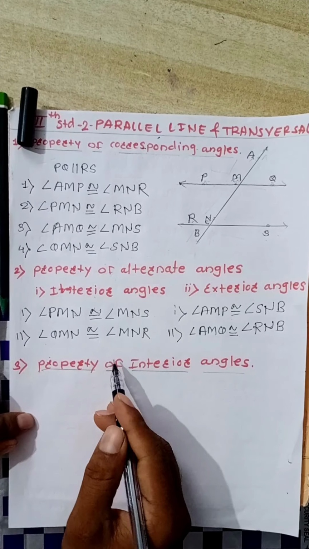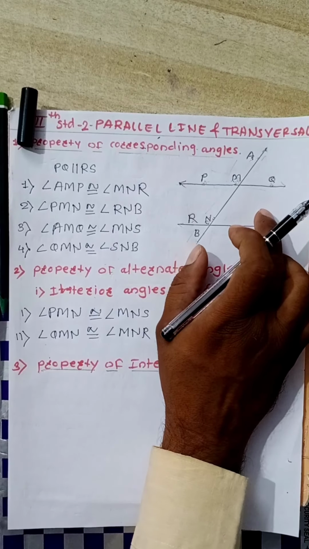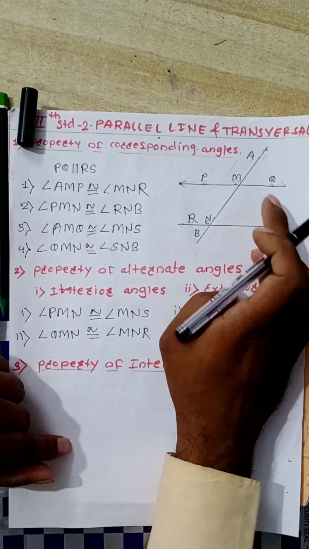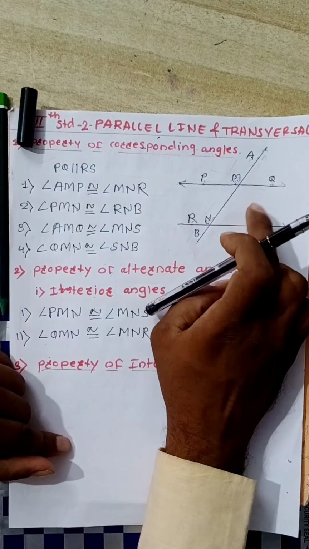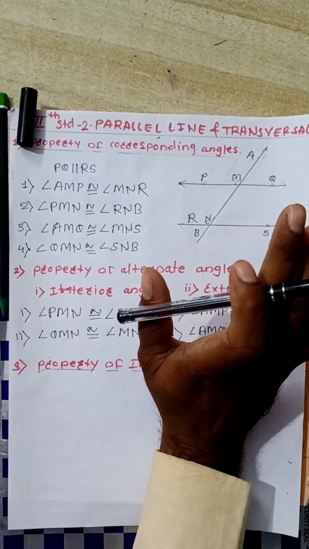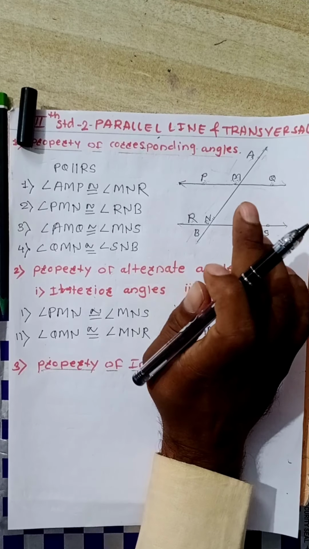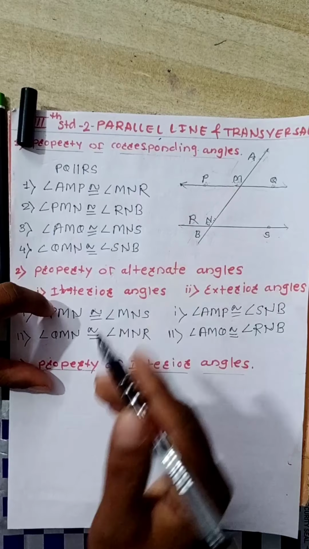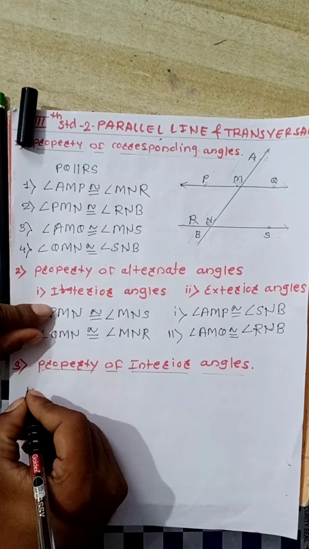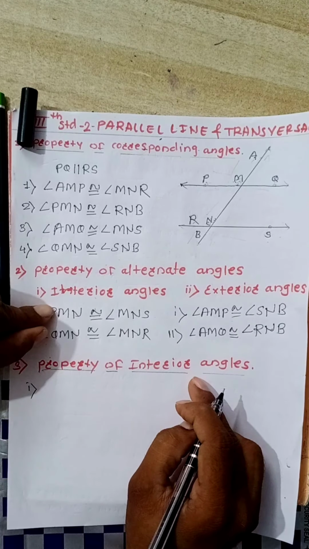Property of interior angles means each pair of interior angles formed by two parallel lines and their transversal are supplementary angles. Supplementary means 180 degrees.